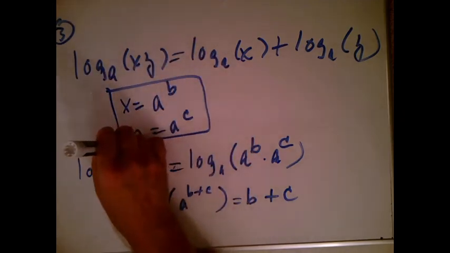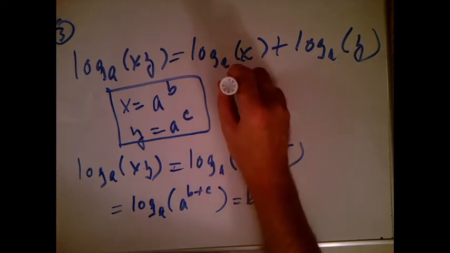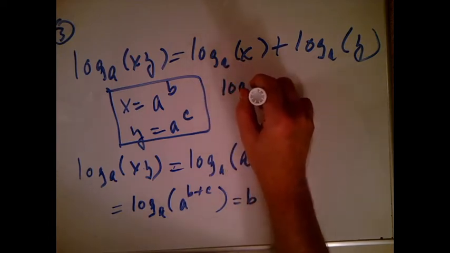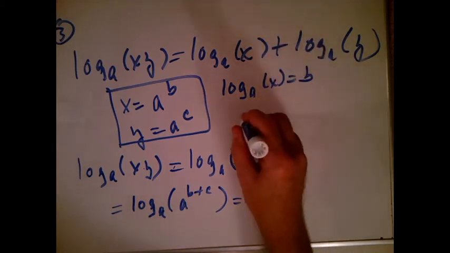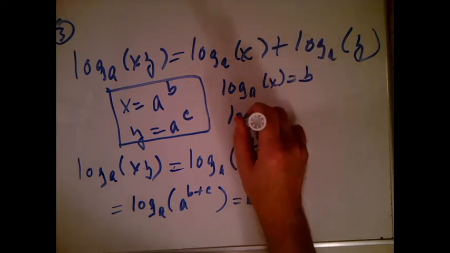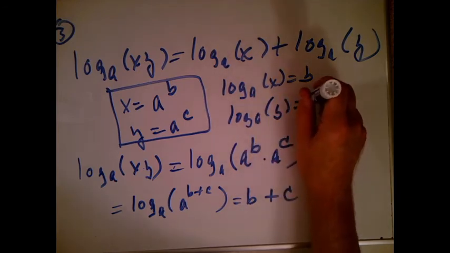Now we do need to figure out what b and c are. And we talked about this yesterday, that if x is a to the b, then the log base a of x is just b. The log base a of y is just c.